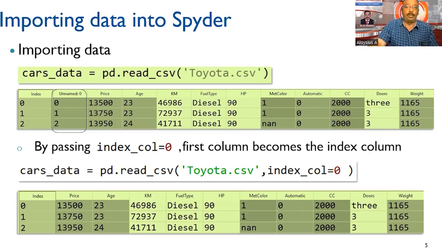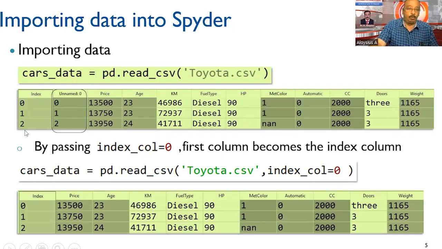Once it is imported into the Python environment, you call it a data frame, and the name given for this data frame is cars_data. When you execute this command, you will have this particular table shown, where the Toyota CSV file is converted into a cars_data data frame to be used in the Python environment.